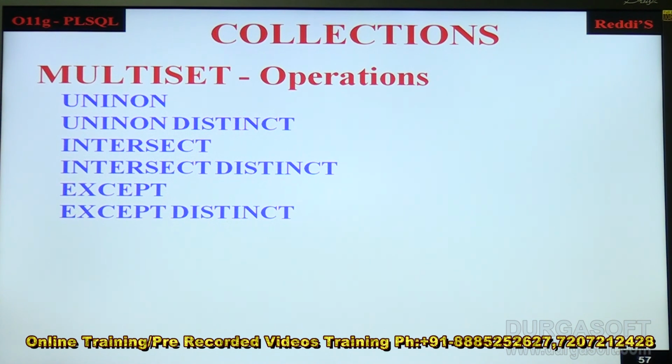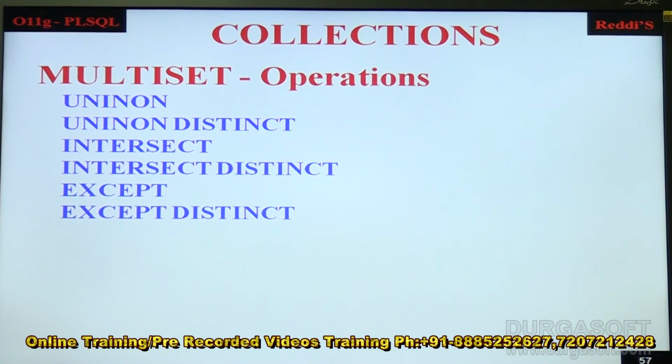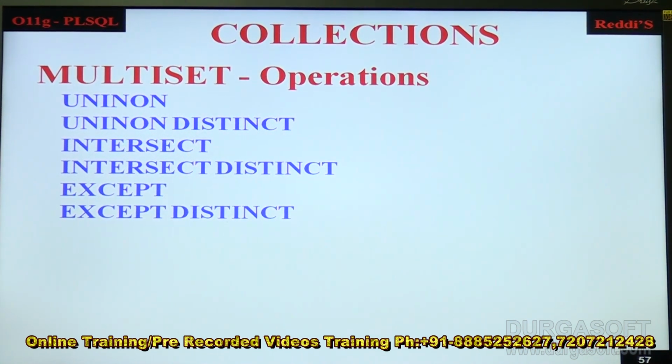So when we say union, the elements from collection 1 and collection 2 will both be combined, and we can take all these elements into another collection also. These operations are available on collections, but were introduced in 11G only. Prior to 11G, multi-set operations are invalid.